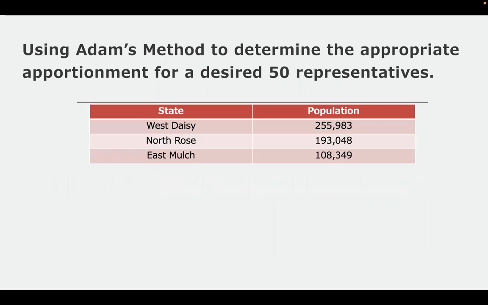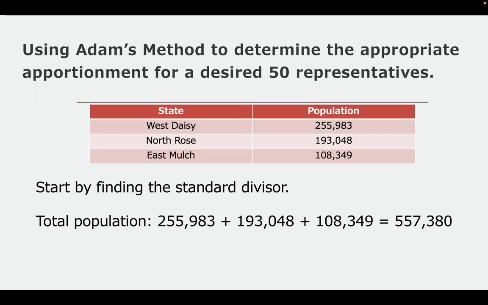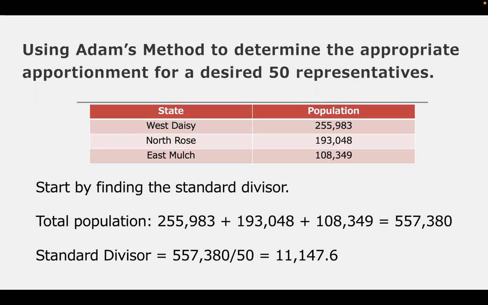Let's look at this. We're going to use Adams' method to determine the appropriate apportionment for a desired 50 representatives. We have 3 states with a given population. First we have to find the standard divisor by finding the total population, adding those 3 together, and then dividing the total population by the number of representatives to give us our standard divisor.